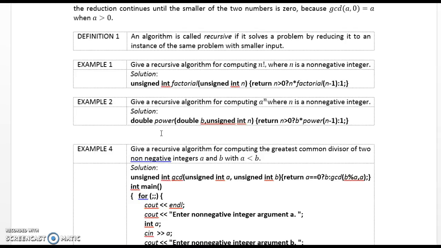And we're going to call our function power, and we're going to take double b, where b is the thing that we're raising to a power, and unsigned n, the power. So when n is greater than 0, what we're going to return is b times the power of b and n minus 1, calling power recursively. Otherwise, we're going to return 1.